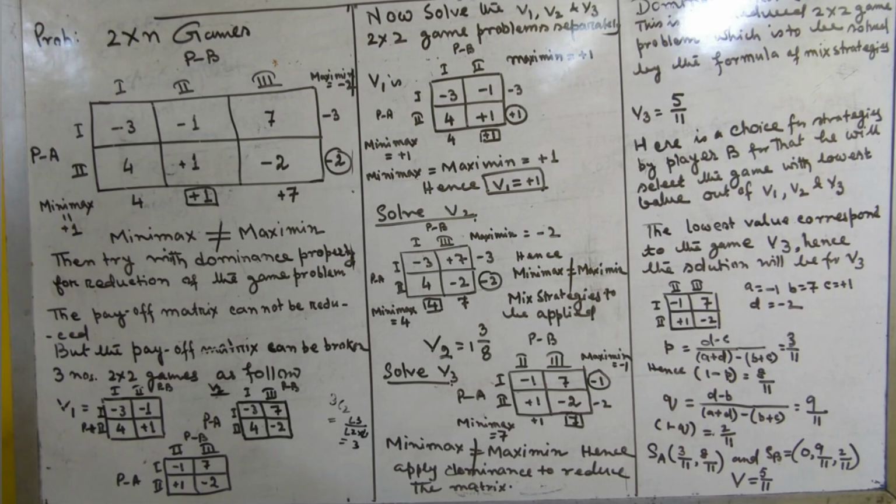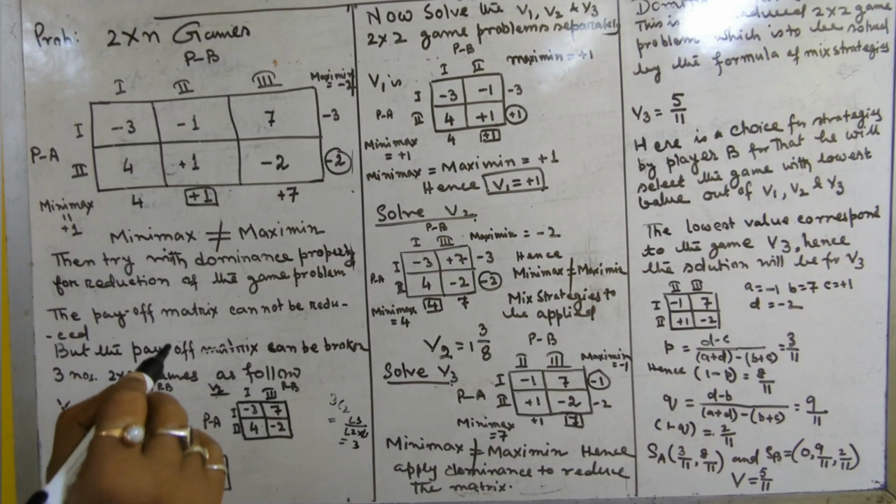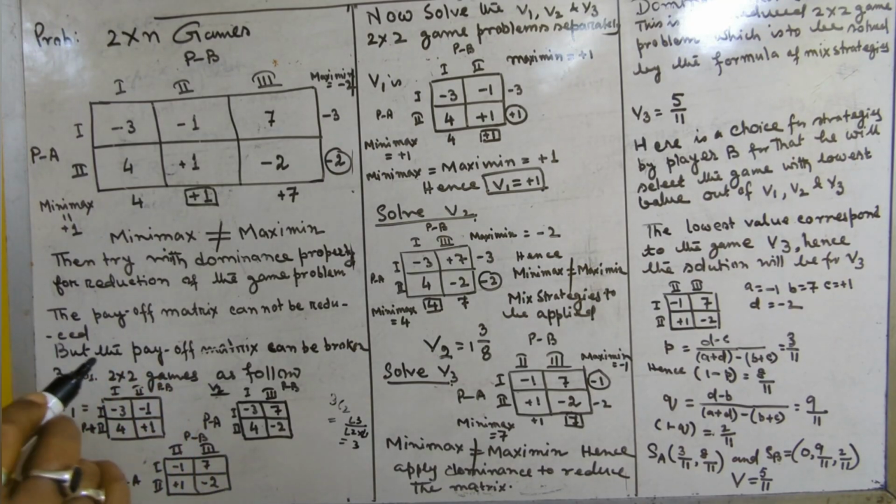Why are we taking 2 by 2 problems? Because we can solve 2 by 2 problems. That formula we know already.